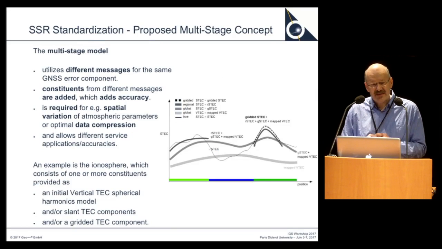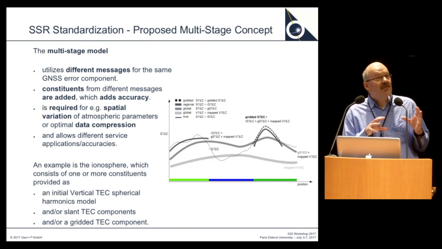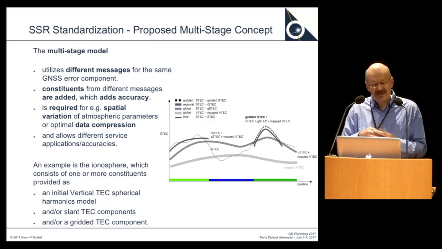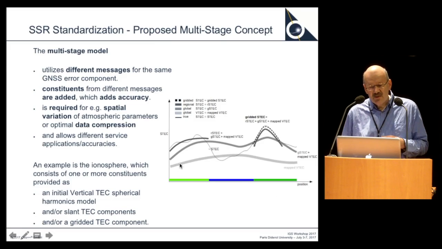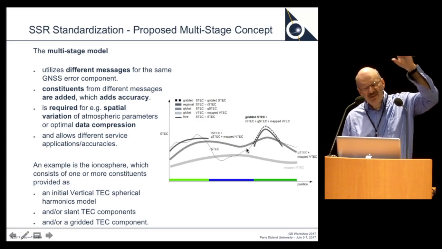Another point to mention is we split some state space information into different messages. For instance, I depicted here the ionosphere, with ocean area and continental area. We first introduce a spherical harmonic model, this is the gray line here. Then we add a global slant TEC, as we call it, which is associated with the satellite, moving with the satellite.